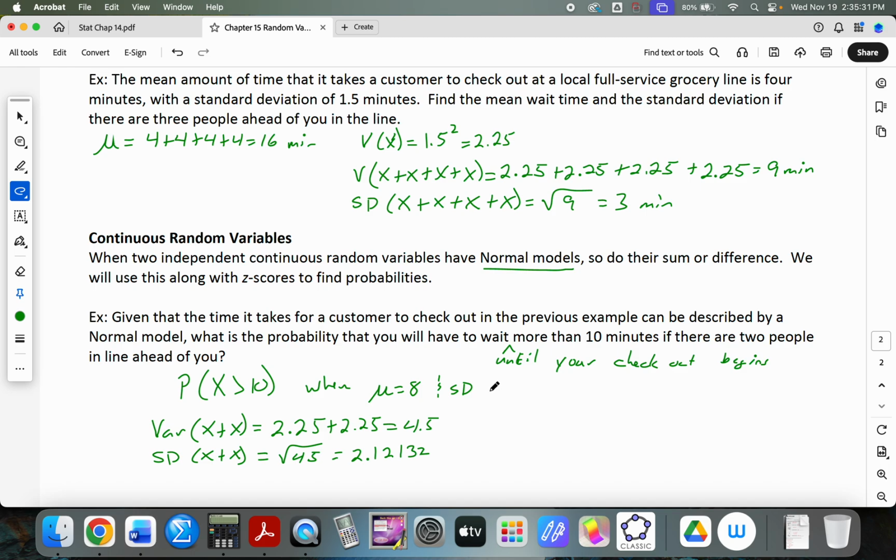And here's a case where you get to use your calculator again. Actually, I'm going to leave it as the square root of 4.5 because we can just put it straight in that way.